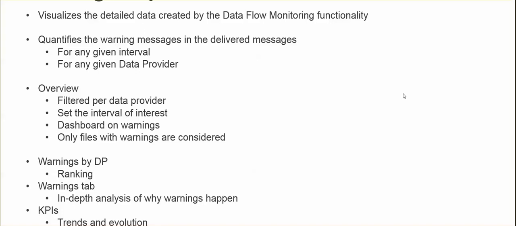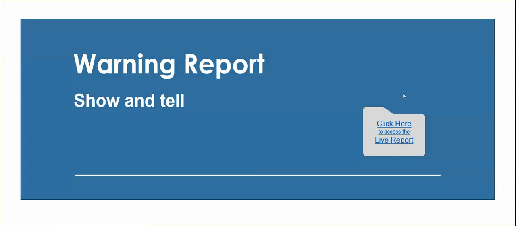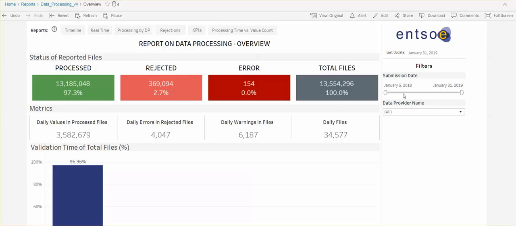And this will aid your investigation if you ever wish to look into why those warnings happen. There are multiple pages to this report which I'm going to walk through, and multiple functionalities on how to use them for multiple use cases. And this is what I'm going to do next.